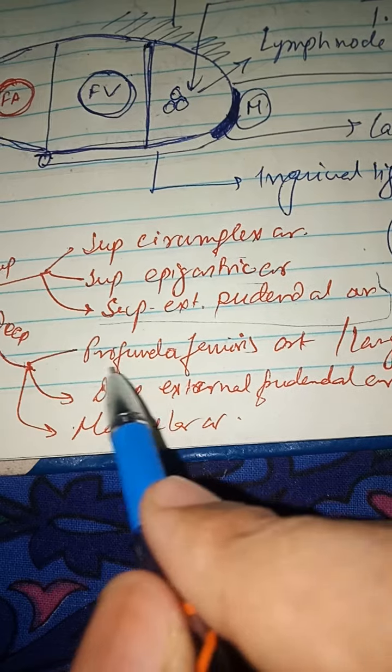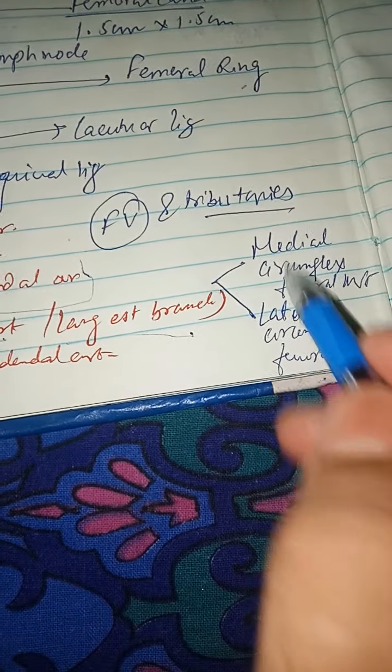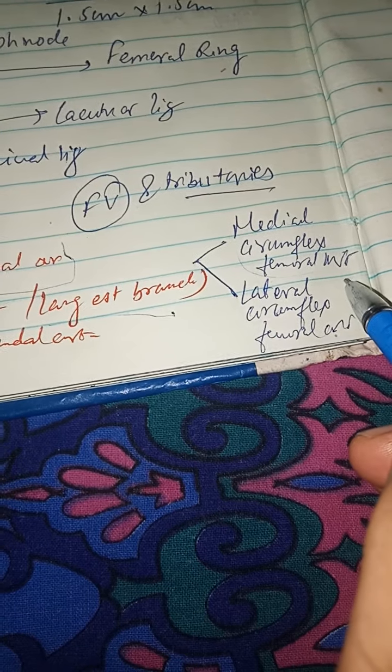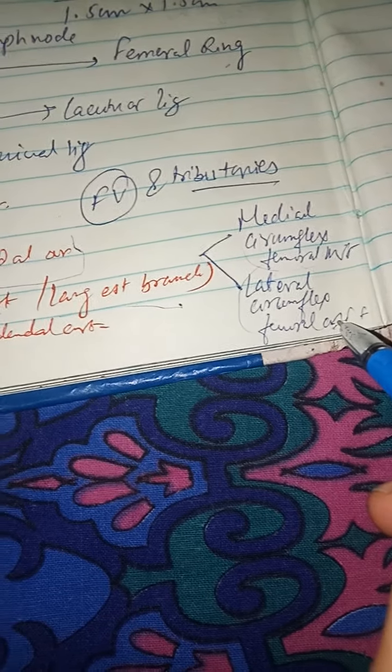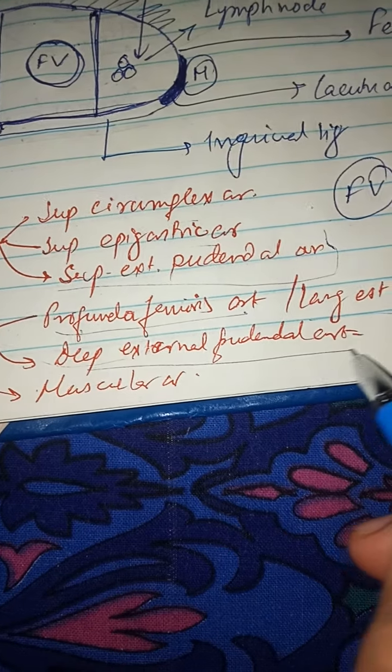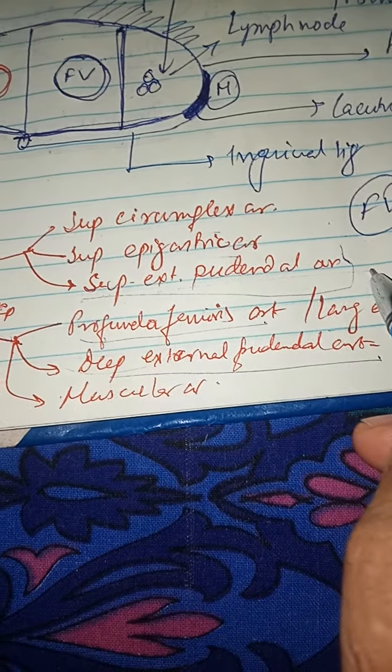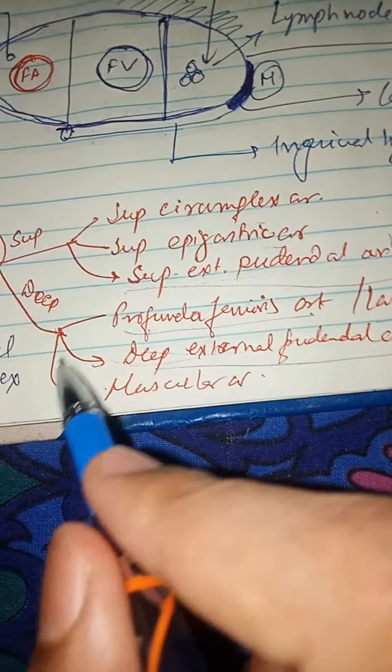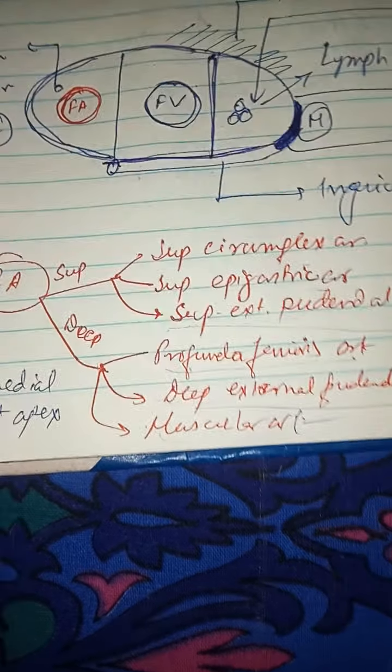The deep branches are three: the profunda femoris artery, which is the largest branch and has two branches, the medial circumflex femoral artery and the lateral circumflex femoral artery; then the deep external pudendal artery; and there is a muscular artery.